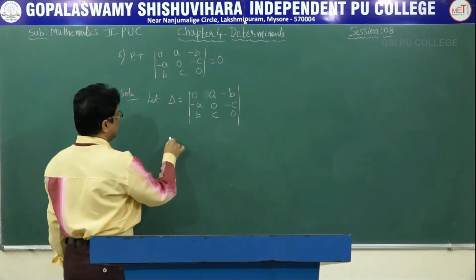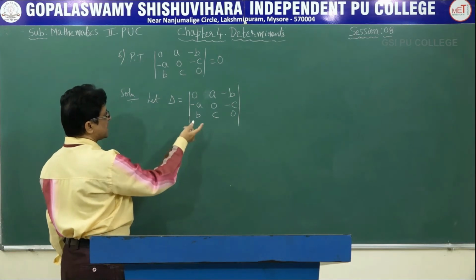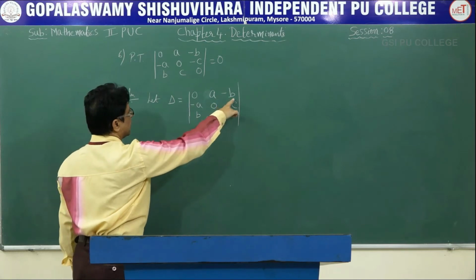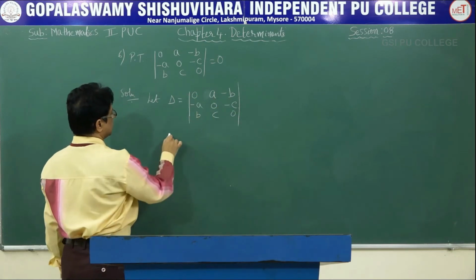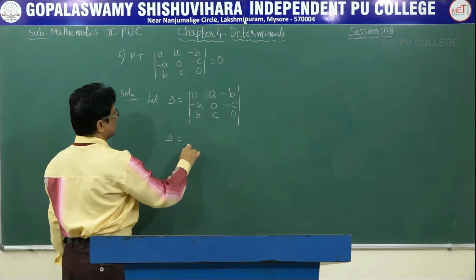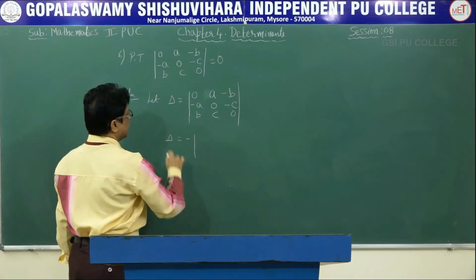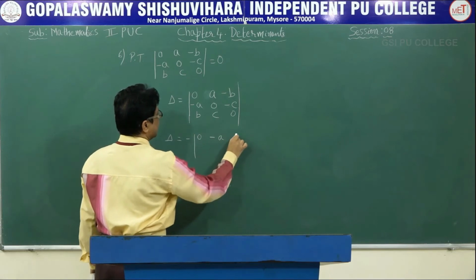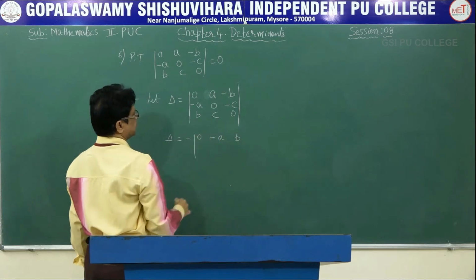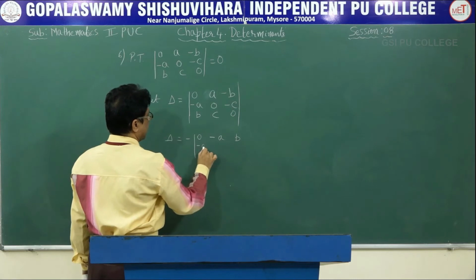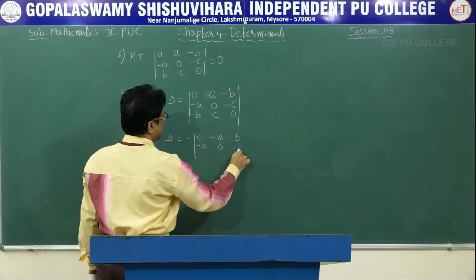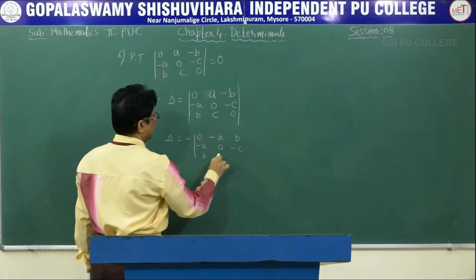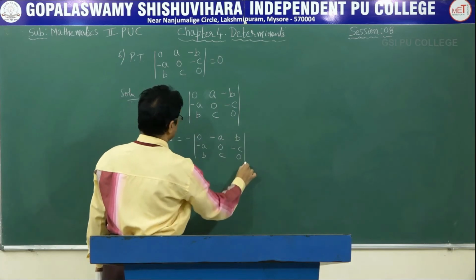So now I take minus 1 common from the first row. So delta equals minus determinant of 0, minus A, B, minus A, 0, minus C, B, C, 0.